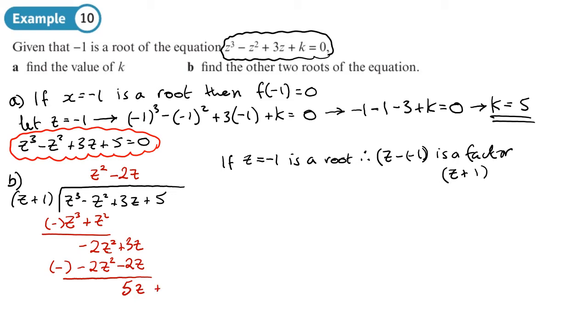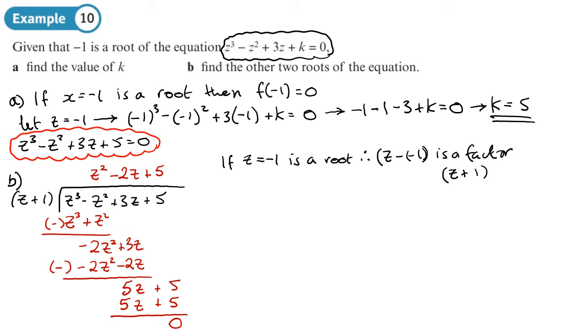Bring down the 5, this is looking nice. How many times does z go into 5z? 5 times. And then 5 times z, 5 times 1. Okay, no remainder. That's another way of proving that negative 1 is a factor, by long division, but the factor theorem is quicker.